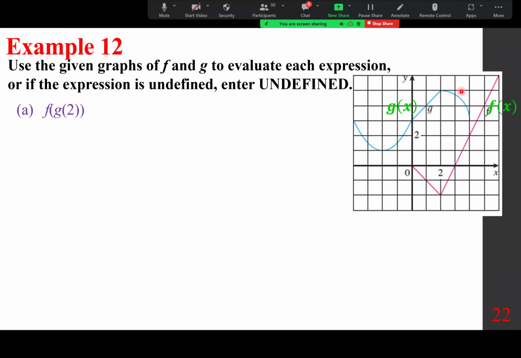So in this function, when x is 2, y is 1, 2, 3, 4, 5. So that means you want f of 5. When x is 5, on the red one, you're looking for the y coordinate 4.